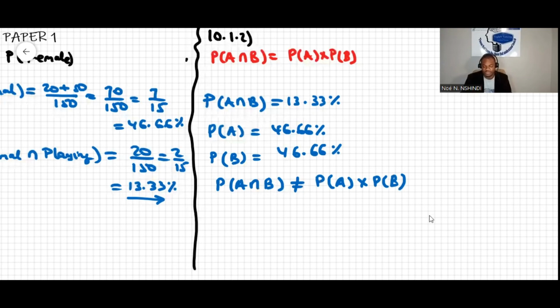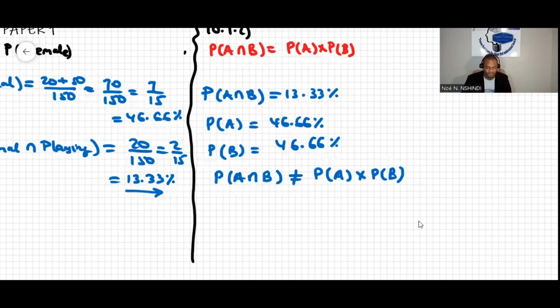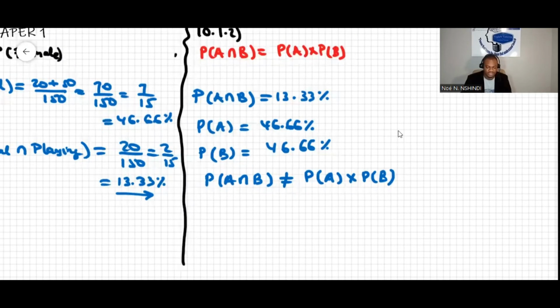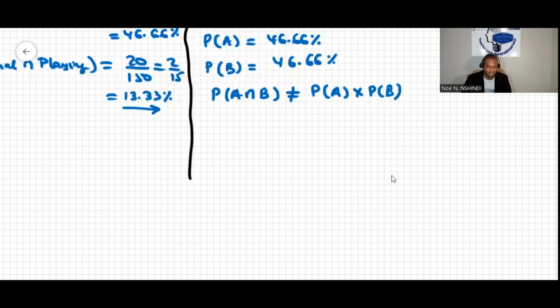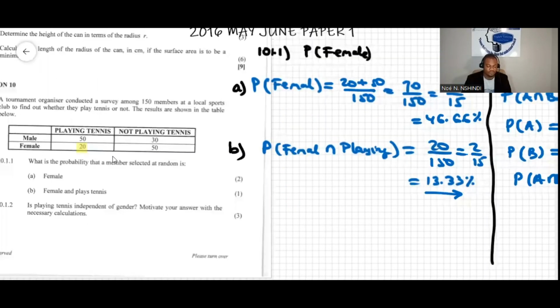We can also try it for males. For males in this survey, the number of males is 80, the number of males who play is 50, and the number of players is 70.